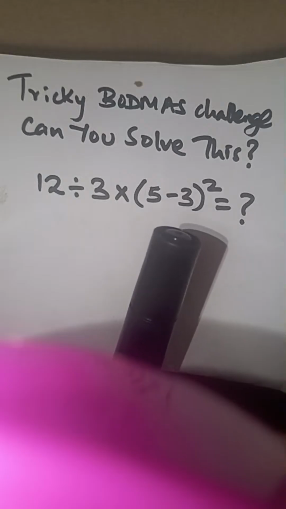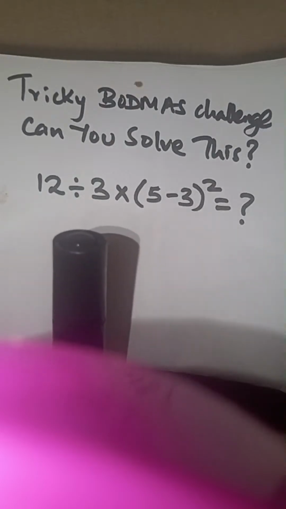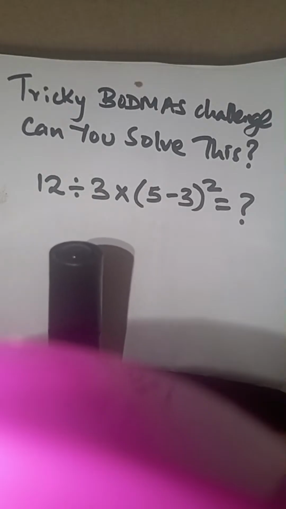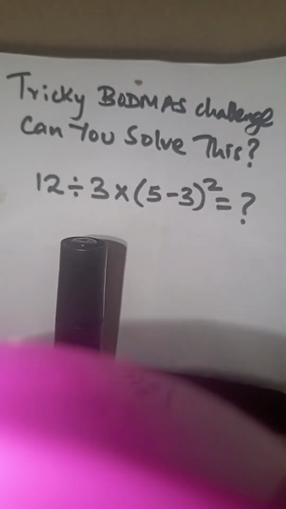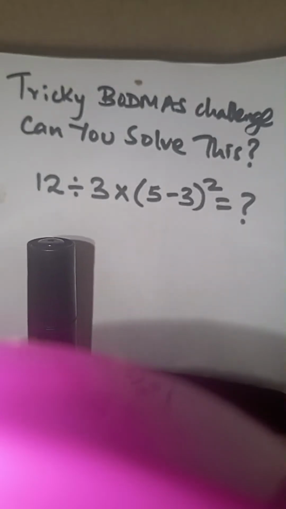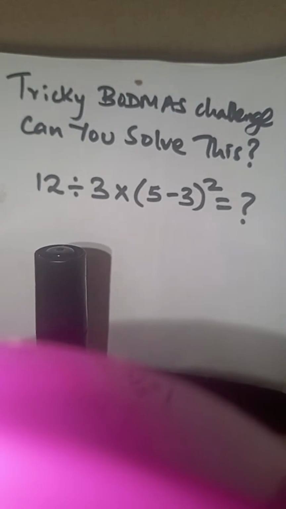And then secondly, we go for O, which is 3 times 4, 12. And then thirdly, we're gonna divide 12 by 12 to get 1.